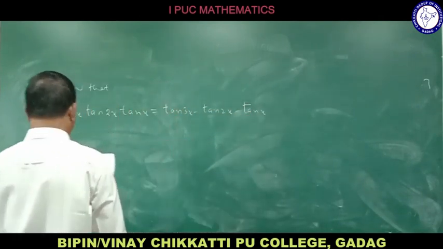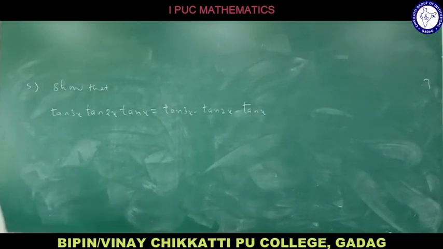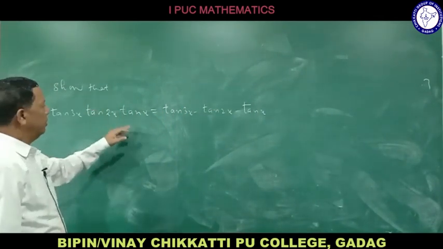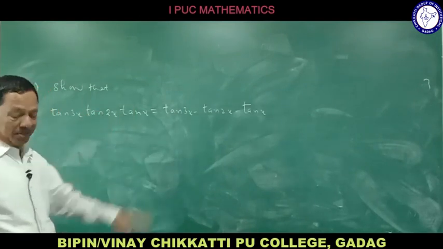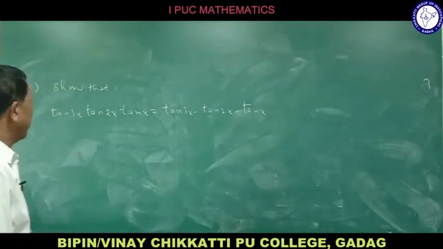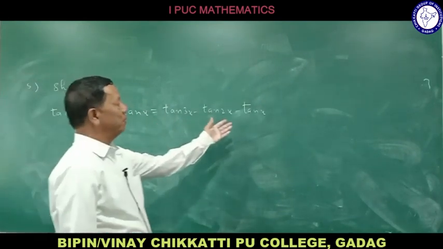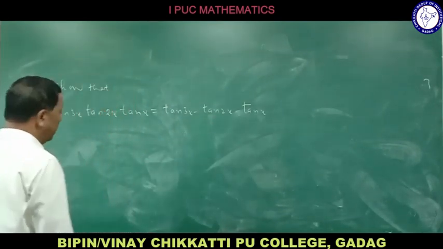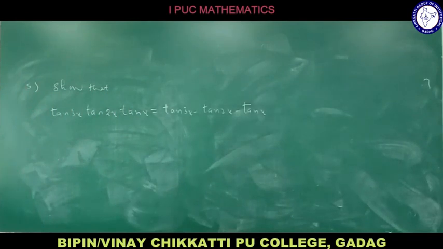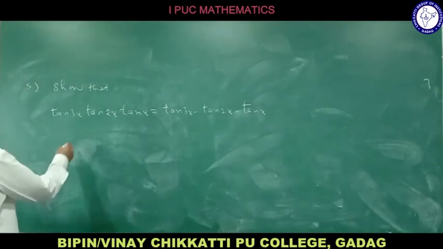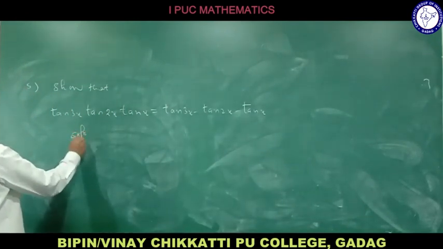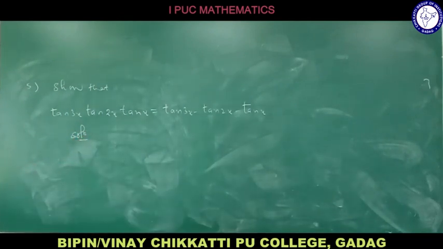So here you have to show that the product of tan 3x, tan 2x and tan x equals the difference you have got. It's a wonder. Usually we do not believe that ABC is equal to A minus B minus C. It is impossible, but here it is possible. How it is possible, I want to show you using trigonometrical identities.